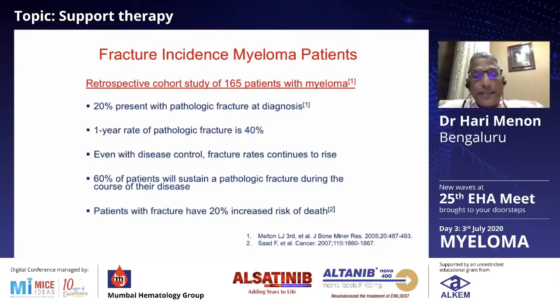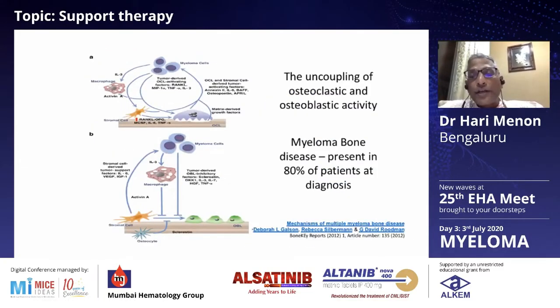So it's a major problem, and the biology of the disease is basically an uncoupling of the osteoclastic and the osteoblastic activity, which we generally come across in terms of the osteoclast-activating factors such as the RANK ligand, MIP-1 alpha, interleukin-3, and tumor necrosis factor alpha, which are all upregulated. And this results in a tumor-associated macrophage activation, which in itself increases the osteoclastic activity.